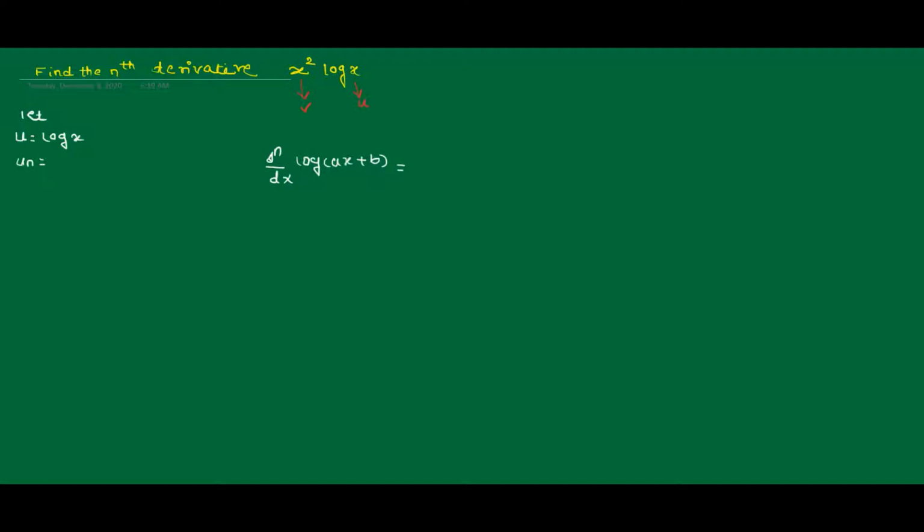That is, the nth derivative of log(ax plus b) is equal to minus 1 raised to n minus 1 into n minus 1 factorial into a raised to n divided by (ax plus b) raised to n.